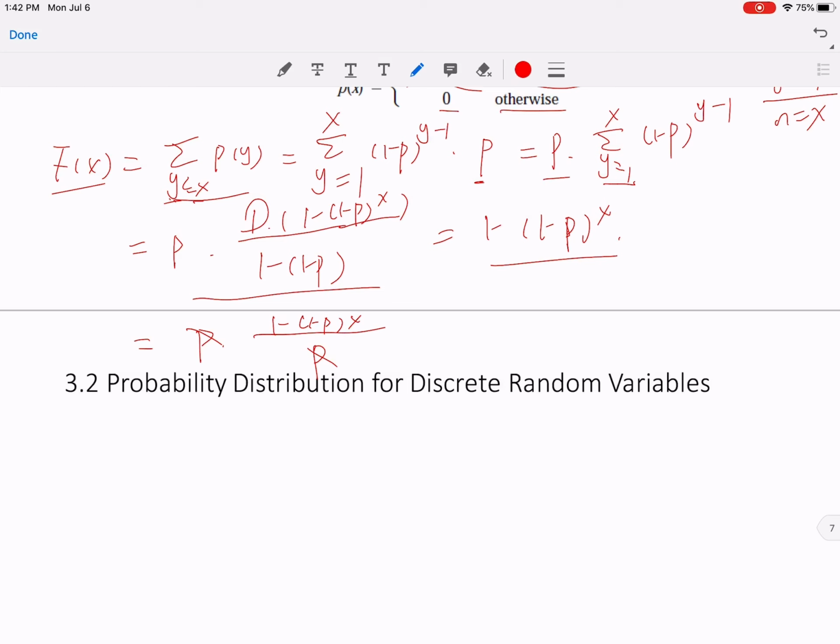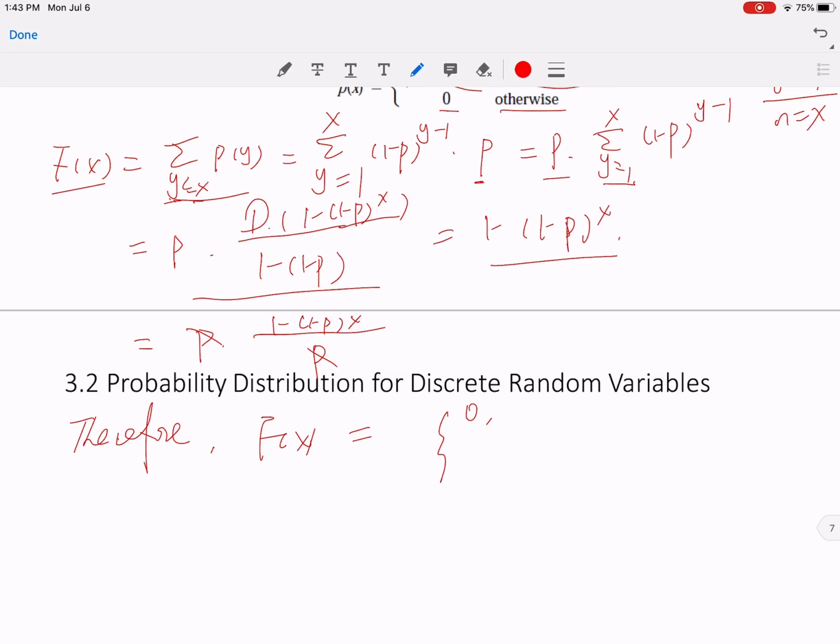Now, we can make the conclusion here, therefore, F of x is equal to 0.